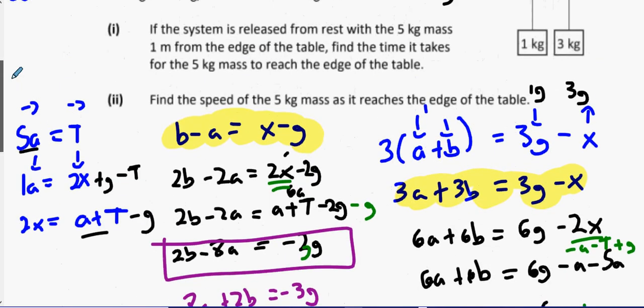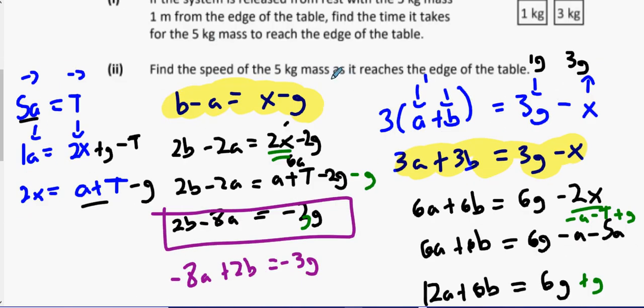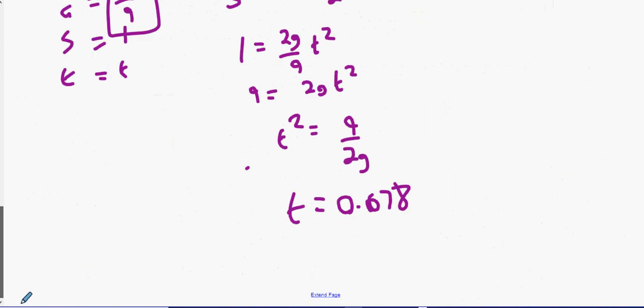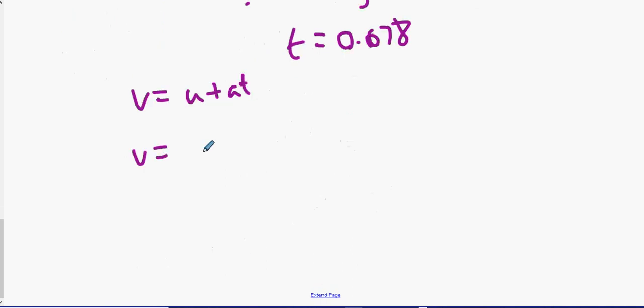Find the speed of the 5 kilogram mass as it reaches the edge of the table. Oh, thank God, that's an easy one. V equals U plus AT. So V equals 0 plus 4g over 9 times 0.678.